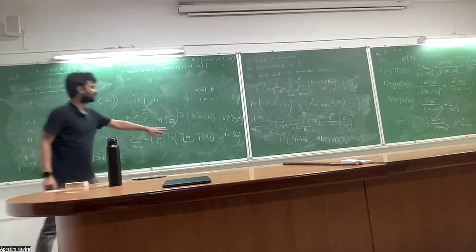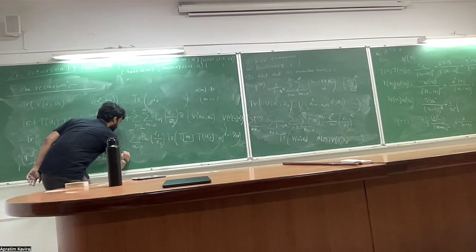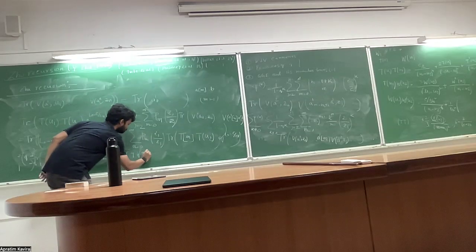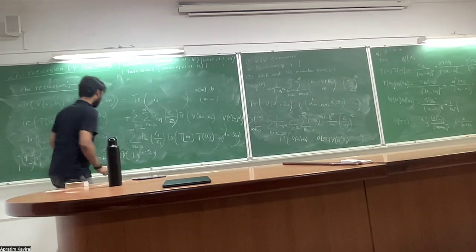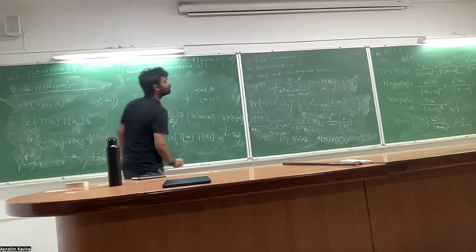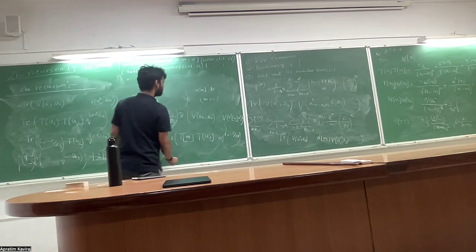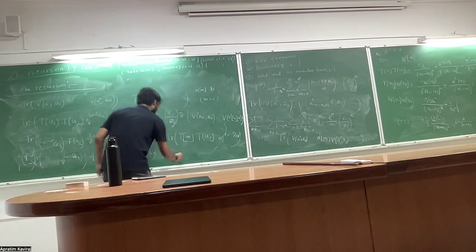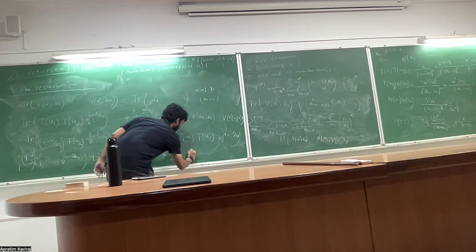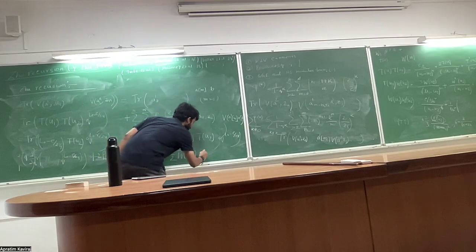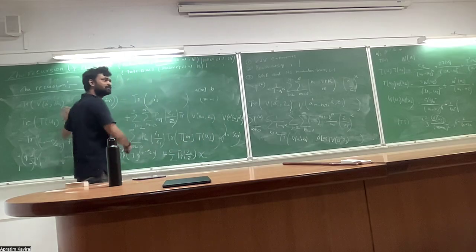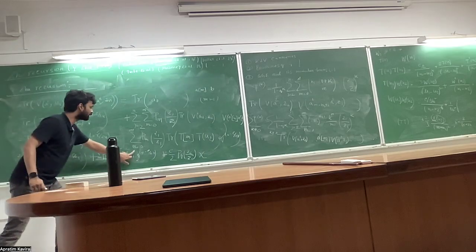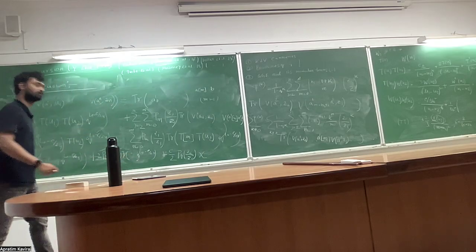So again, I'll have trace of T, and I'll have c by 2, trace of nothing, character. What is it? I mean, it's this character. And then this is again, I can write as q del q of the character.